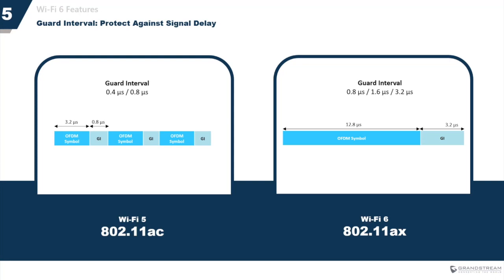Just keep in mind that a longer GI protects against inter-symbol interference and lowers the data rate, while a short GI increases data rate but also increases the chance of getting inter-symbol interference.